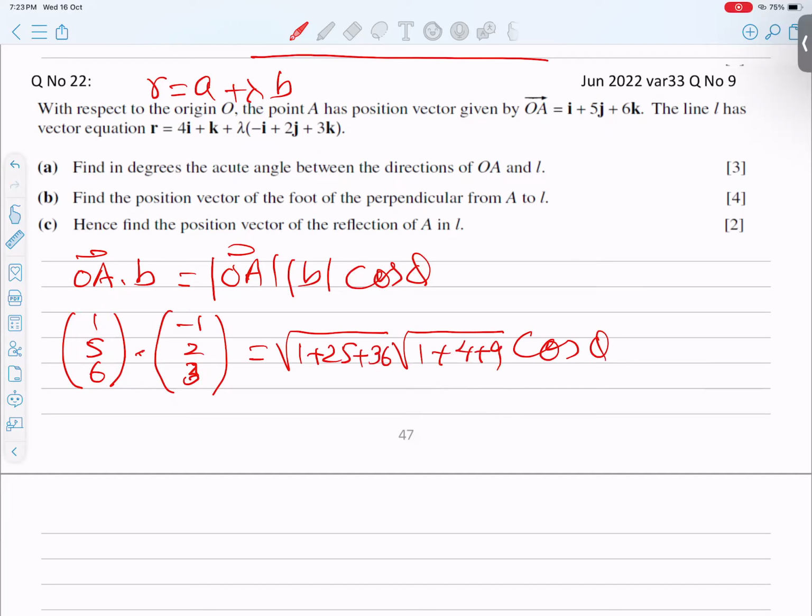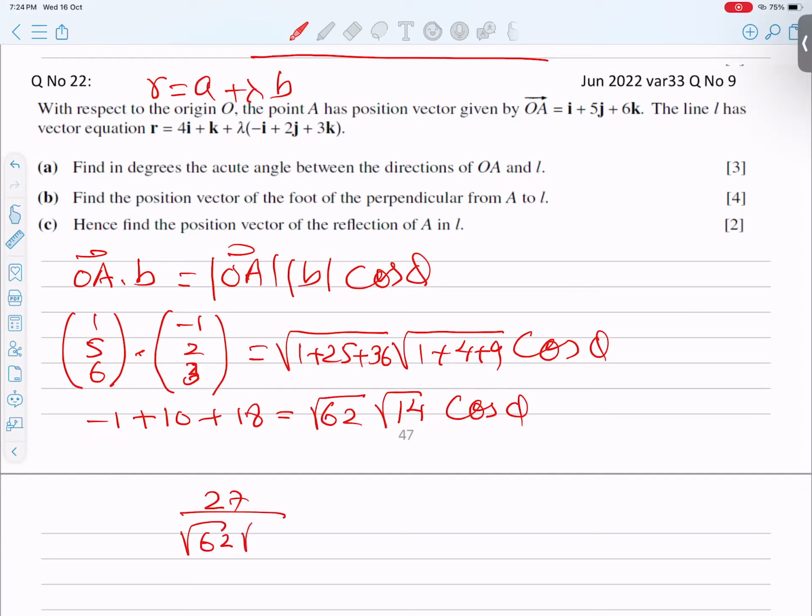For the dot product, you multiply the corresponding values directly and add them all. I got negative 1 plus 10 plus 18, which gives 27. For the magnitude of OA, 1, 25 and 36 give 62, so root 62 comes from here. And here I got root 14 cos theta. So the left side is 27, divided by root 62 times root 14, equals cos theta.